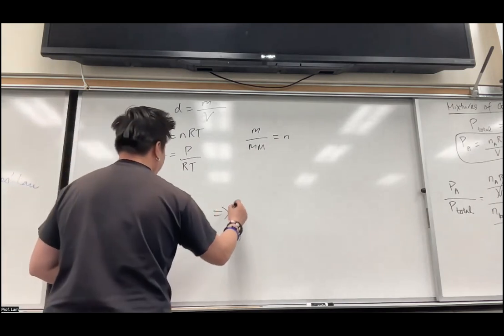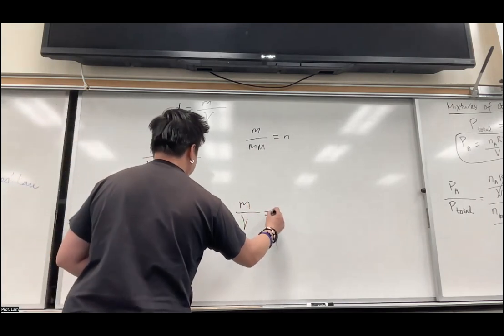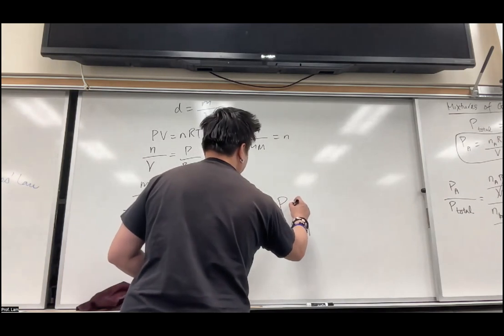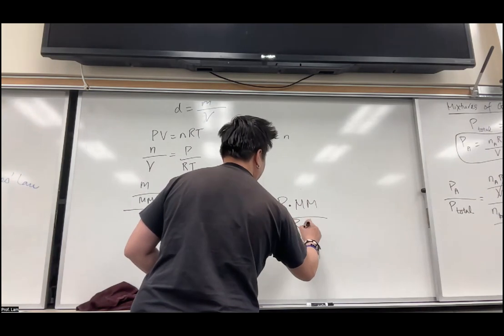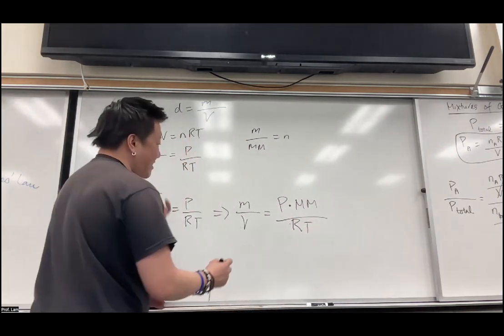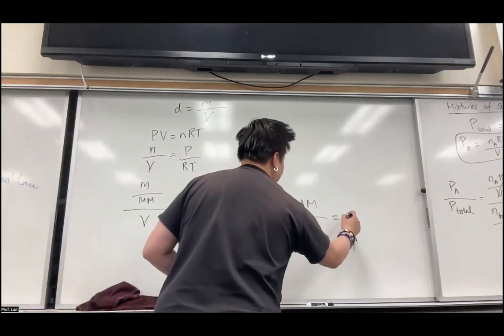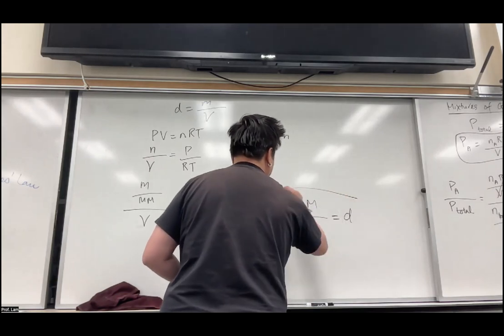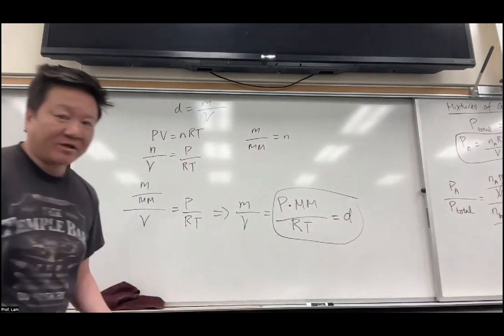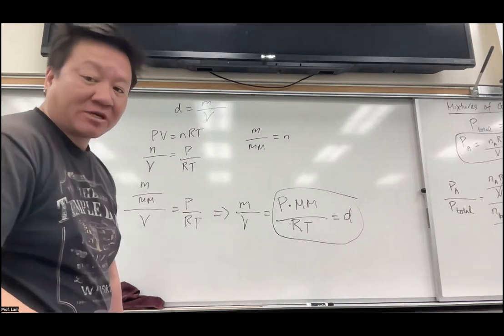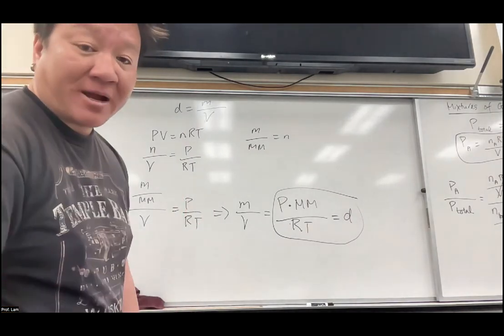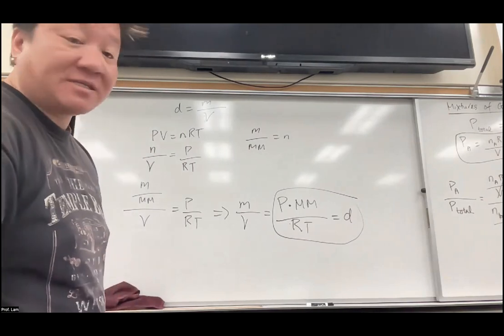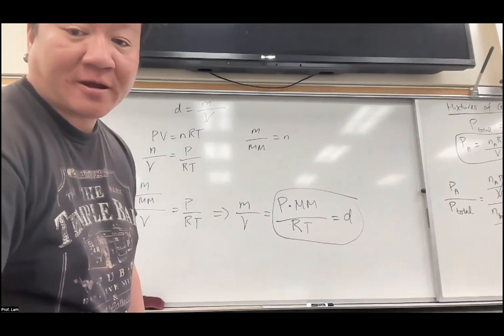So that's going to get me mass over volume is equal to pressure times molar mass over RT. And so now I have basically derived the density equation for any given condition, not just at STP. So at any time, if I take pressure times molar mass divided by RT, I will get the density of the gas.